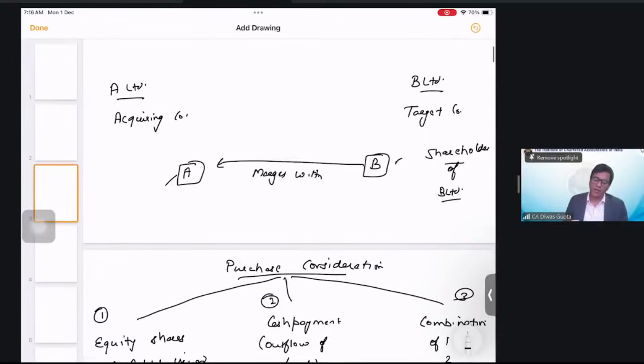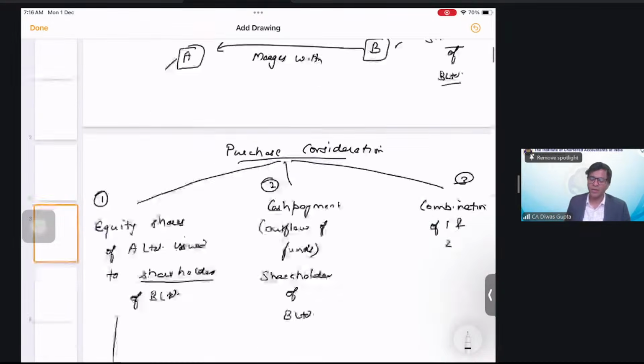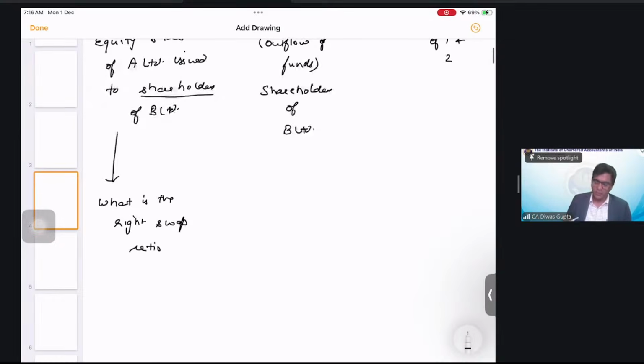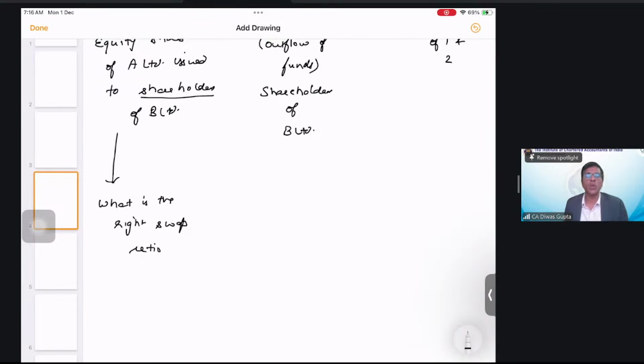Because you cannot say that I will issue 1 share of A Limited in consideration of 1 share of B Limited to the shareholders of B Limited. Because their values are different, their relative positioning in the market is different. So it has to go in such a way that the right swap ratio is determined.